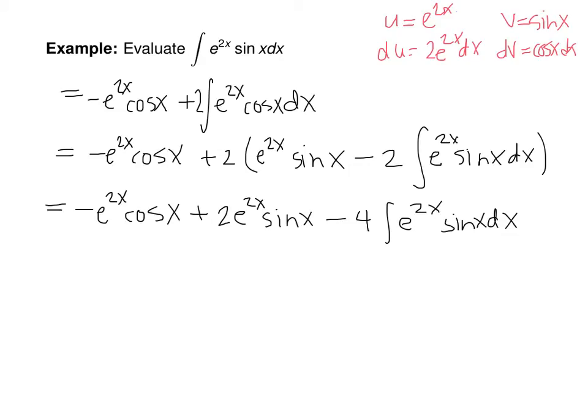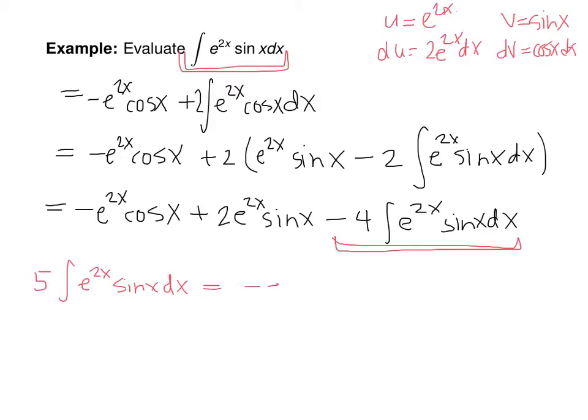So I'm going to take this expression and add it to both sides. So remember that what this is all equal to is a single integral of e to the 2x sine x dx. So when I add 4 of them to that, I have 5 times the integral of e to the 2x sine x dx is equal to negative e to the 2x cosine x plus 2e to the 2x sine x.